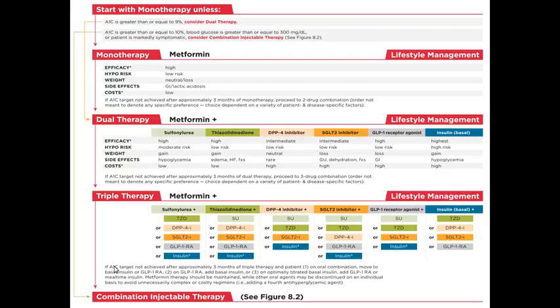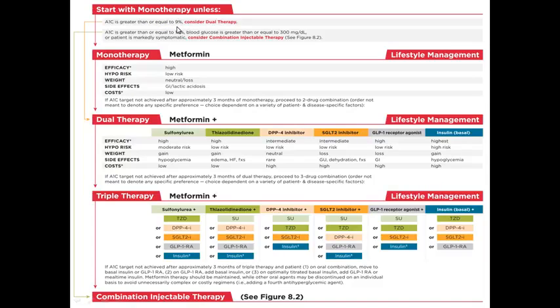So how to treat these patients? A very busy slide, very important for the clinicians. What is advised is you start with monotherapy unless the HbA1c is greater than or equal to 9%.